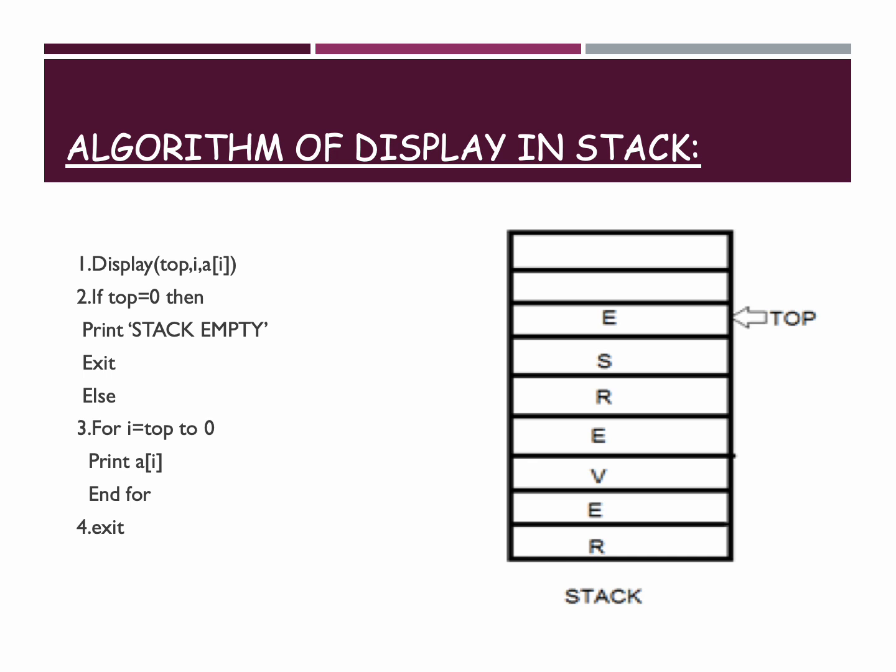The display operation shows the elements starting from the top, which means the most recently added element is displayed first. This is useful for understanding the current state of the stack, especially when debugging or reviewing data stored temporarily. So we'll also see some more real life examples of stacks on our next slides.